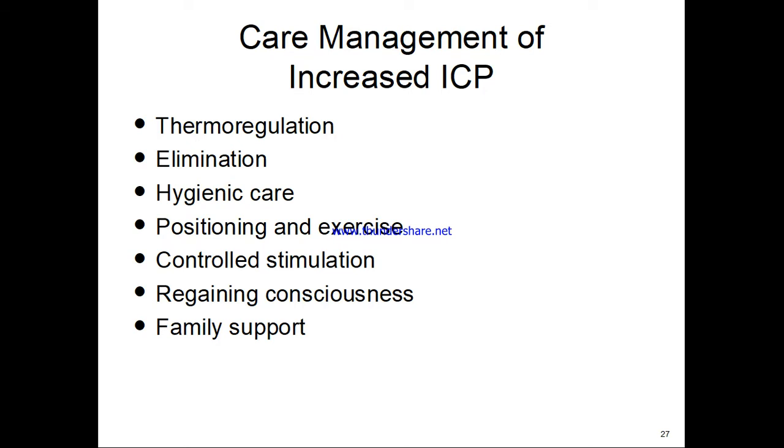Other care management for increased ICP, monitoring their temperature. So these patients, depending on what trauma they've gone through or what mechanism of injury or pathophysiology of their disease process, may be hypothermic or they may be hyperthermic, and using a thermoregulator to do that.